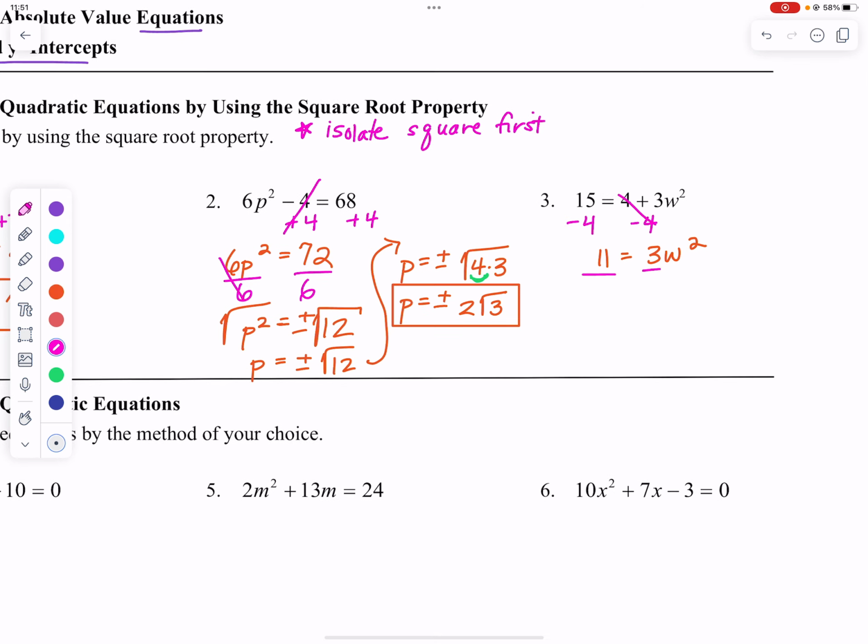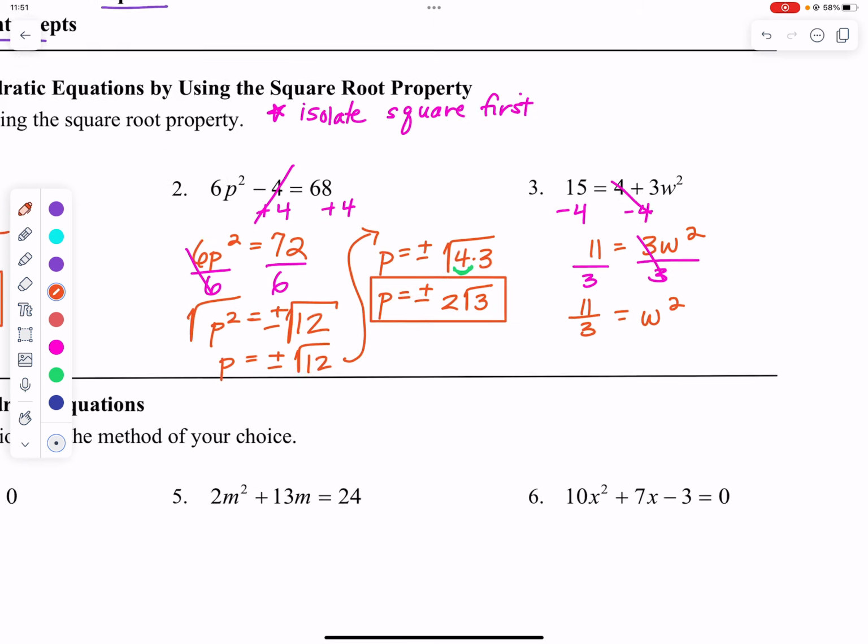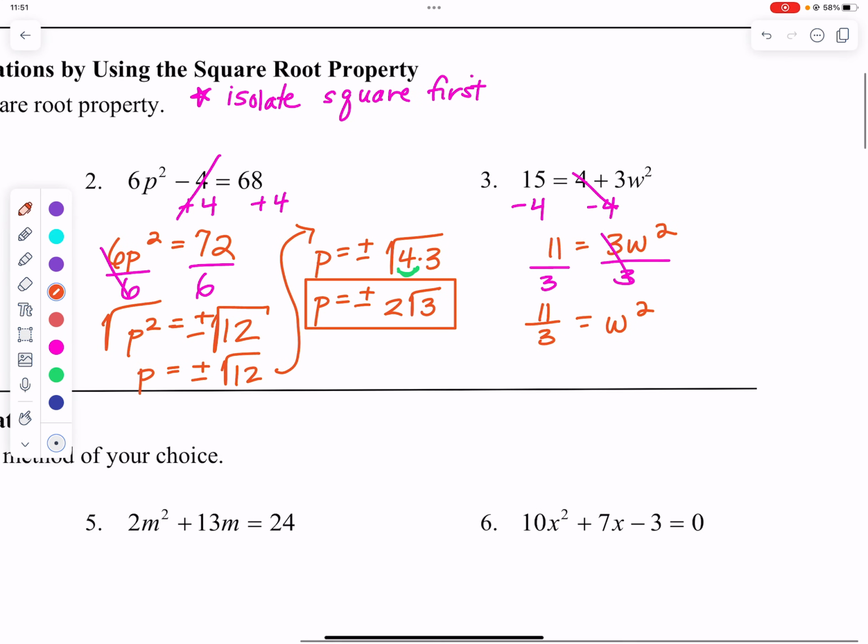We will divide both sides by 3, and we have 11 thirds equals w squared. Now, what we need to do now is go ahead and rewrite. Let's just turn this around. I think that will be better.